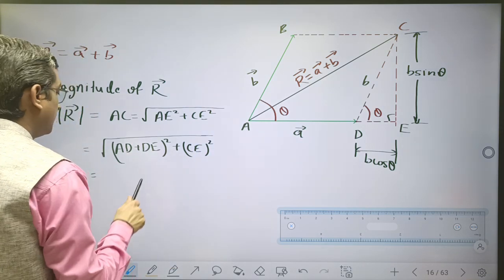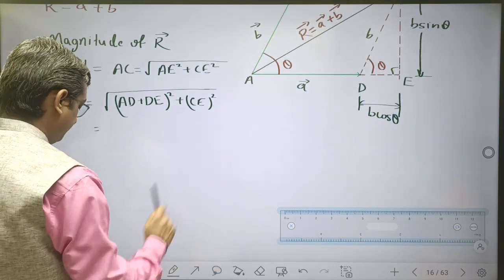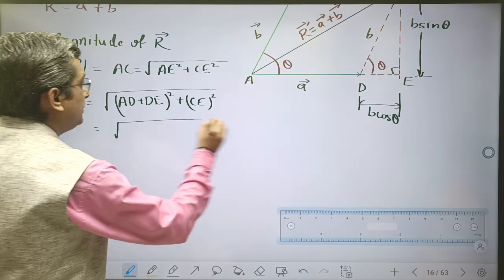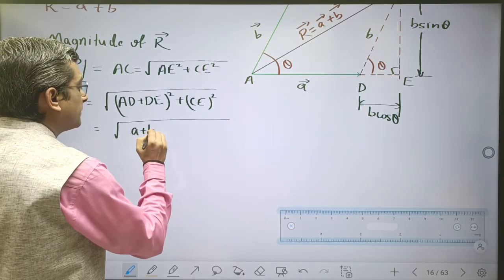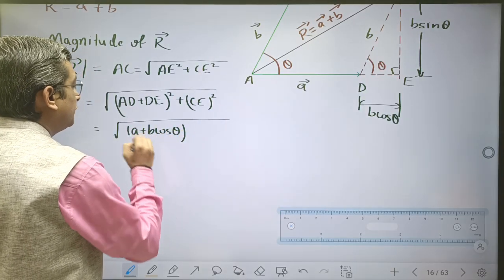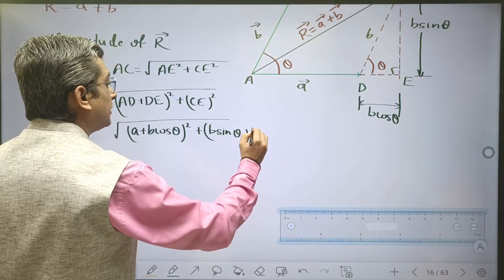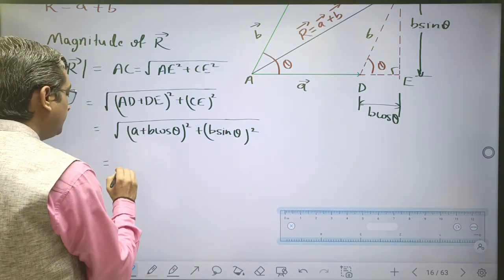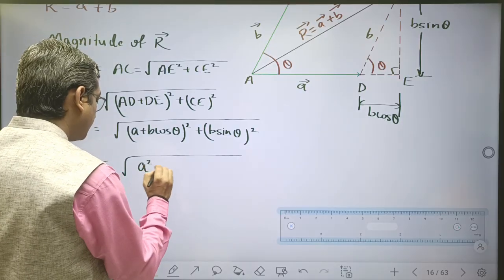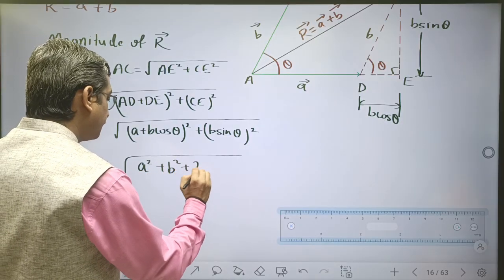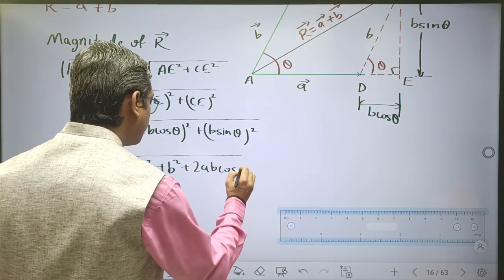So this is (A plus B cos theta) square plus (B sin theta) square. On solving, you will get A square plus B square plus 2AB cos theta.